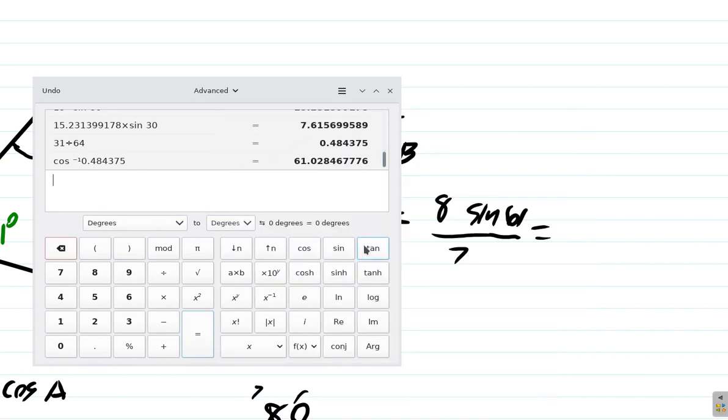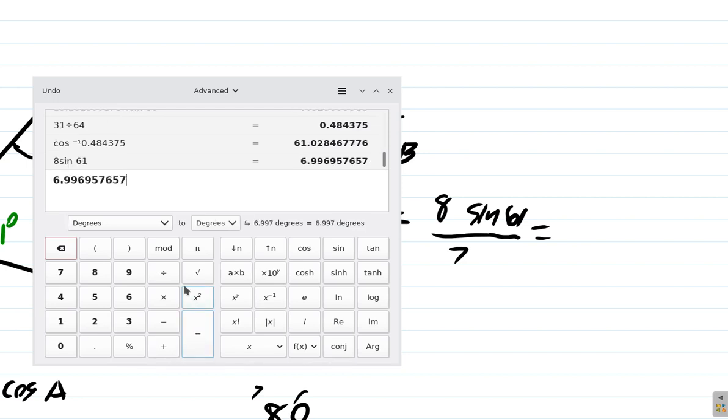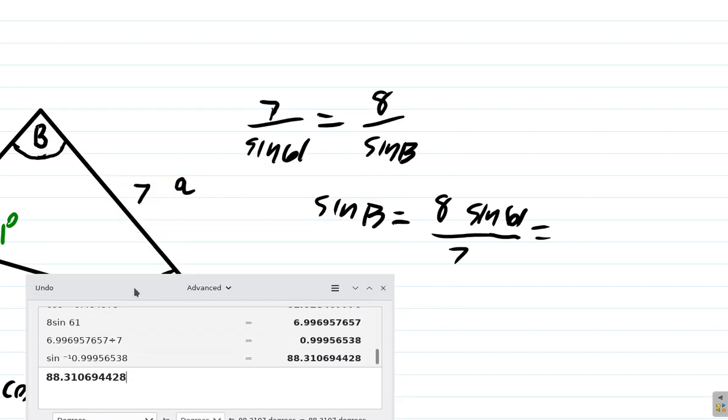What we would have is 8 times sine 61 over 7. 0.999, call it 1. And then the sine inverse of 1. Sine inverse of 1 equals 88. Close to 90. It's almost a right angle triangle.